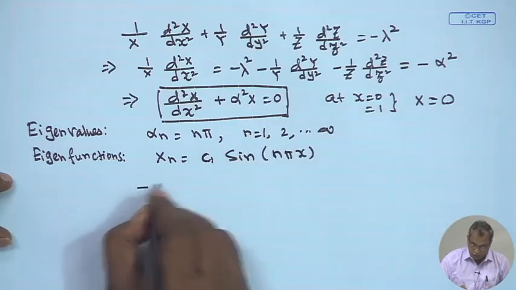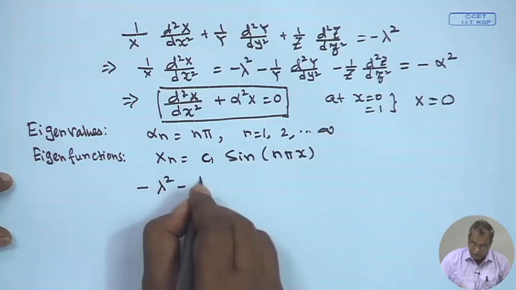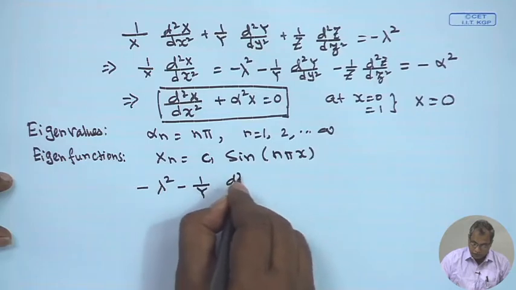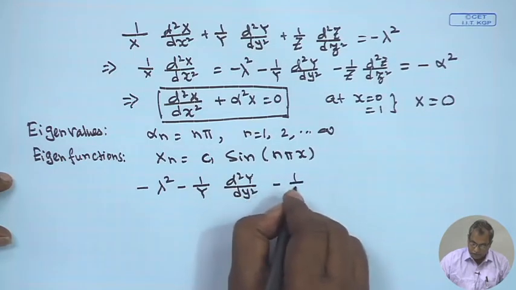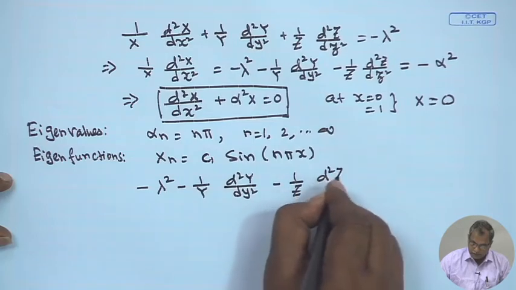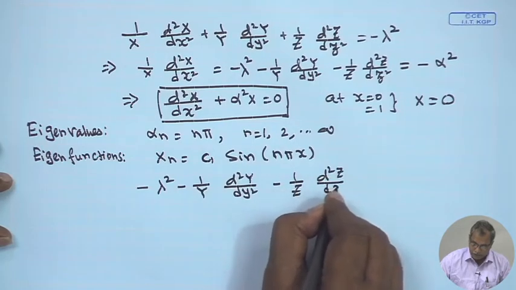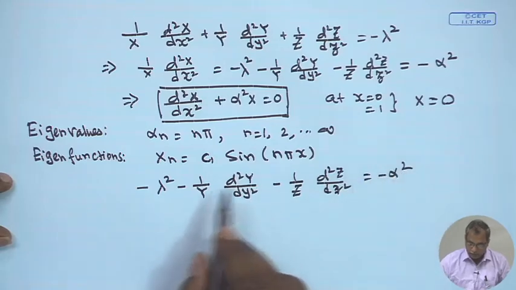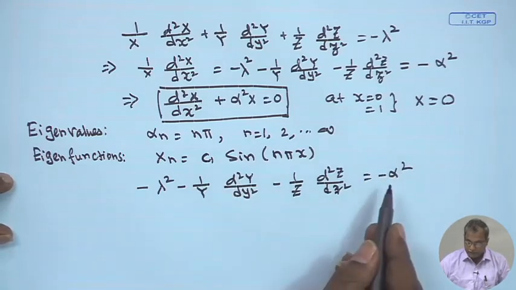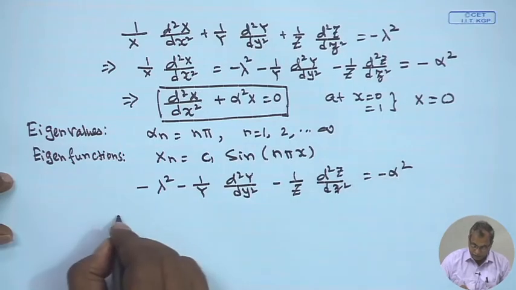So, if we look into the governing equation, minus lambda square minus 1 over Y d square Y dy square minus 1 over Z d square Z dz square is equal to minus alpha square. So, I take the y varying part on the other side and bring minus alpha square there.